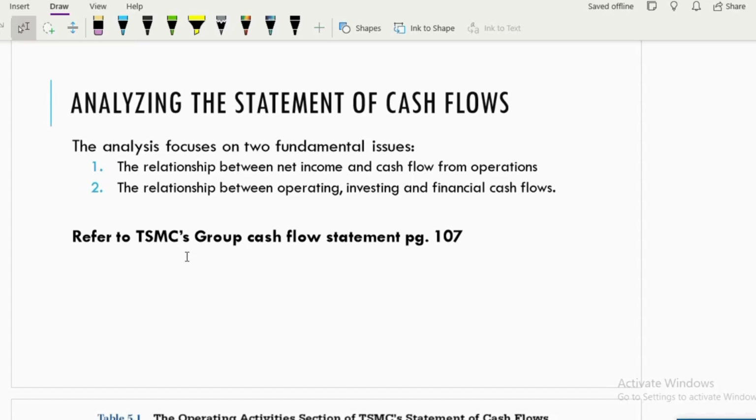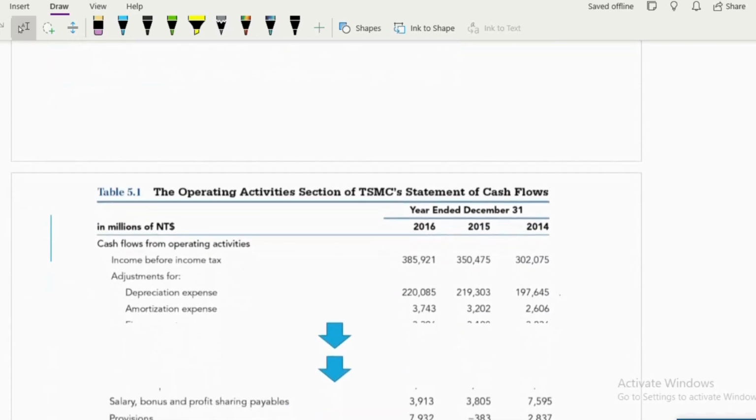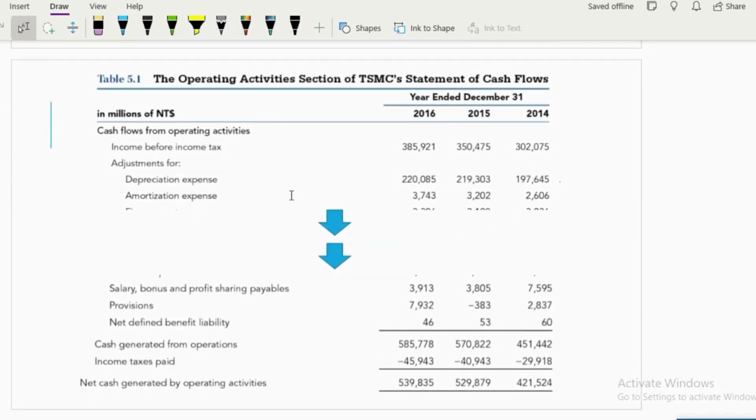In your book, TSMC's group cash flow statement is given on page number 109, but I have taken a screenshot for discussion's sake. So this is the operating activity section. I did not put the whole thing because it was very large, but if you see here, firstly we will be comparing the net income with the cash flow from the operating activities.